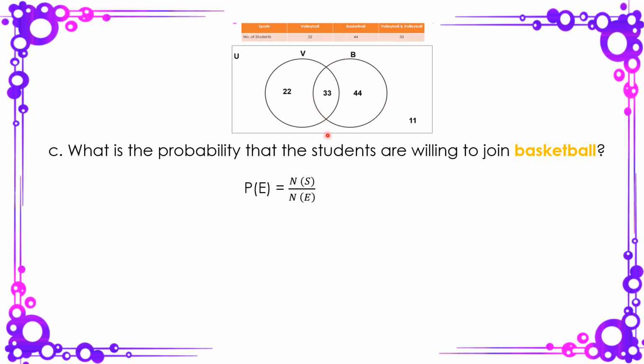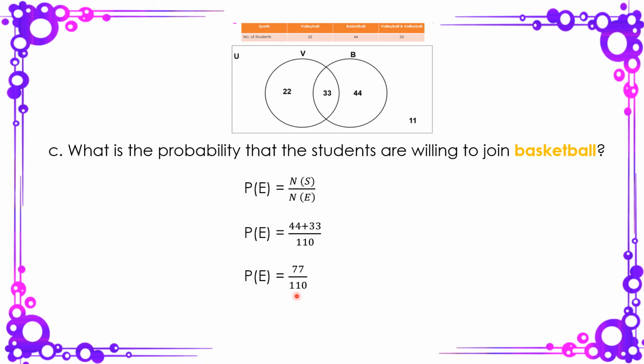So, it is 33 plus 44 or 44 plus 33 over 110. So add 44 plus 33, 77 over 110. Again, 110 is the total number of grade 10 students according to our problem.